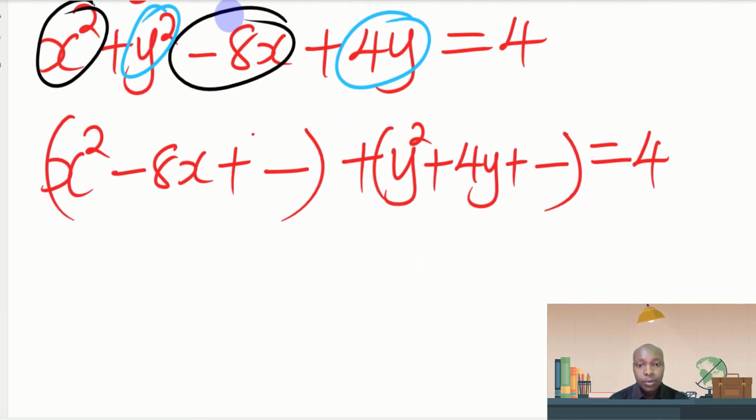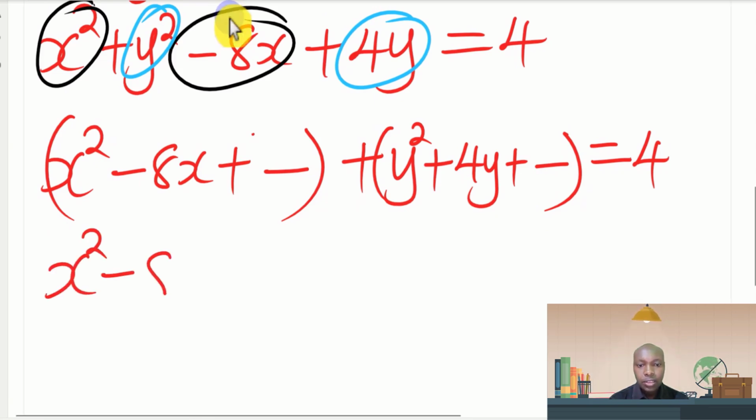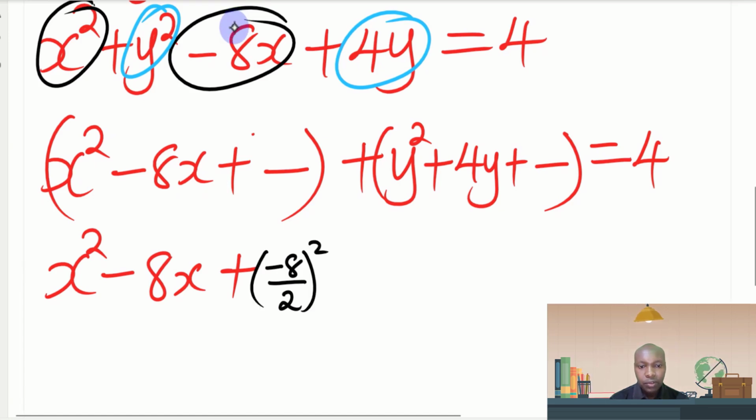And we've done this in the previous chapter, so we will not spend much time on how to complete the square. So x squared minus 8x plus, just briefly, to get the constant there, you take the coefficient of x, which is negative 8, divide that by 2, and then you square.